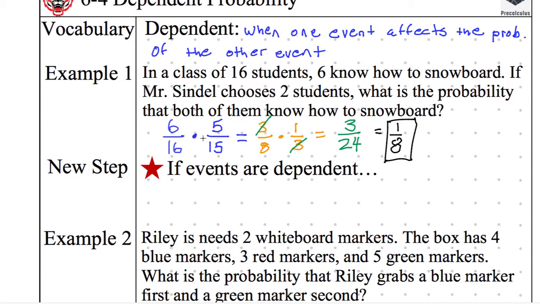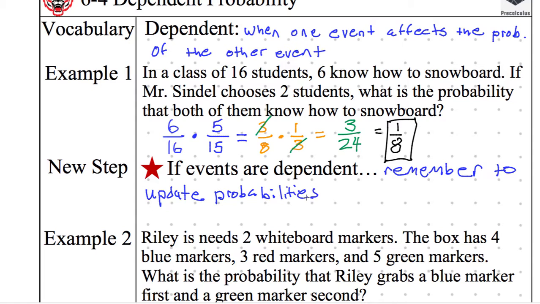So the key thing here is we really have a new step. You're still doing an and, you're still doing multiplication, but your new step, if they're dependent, if one event affects the probability of the other event, then remember to update probabilities.